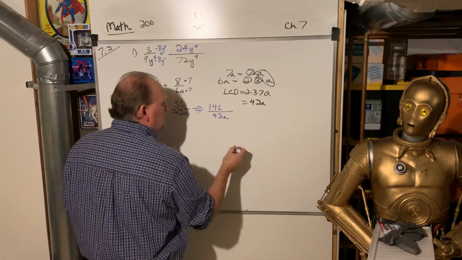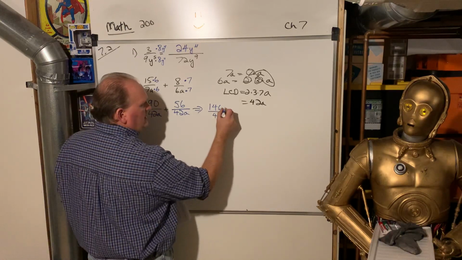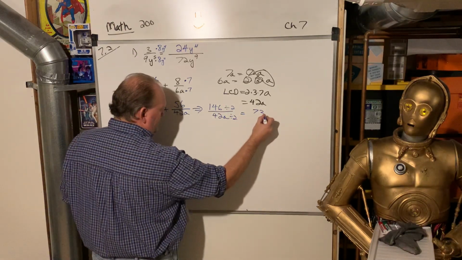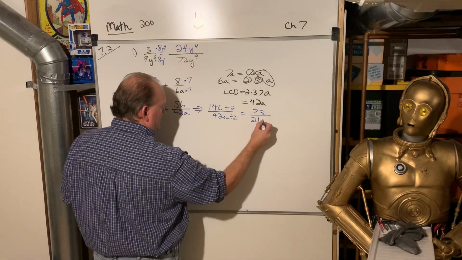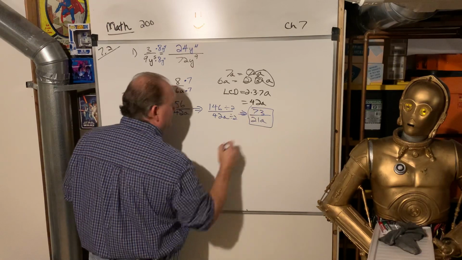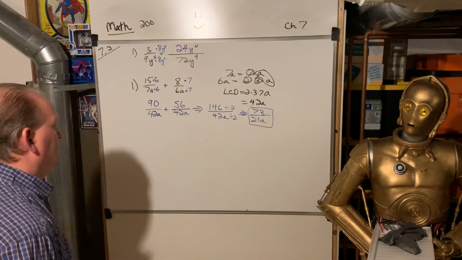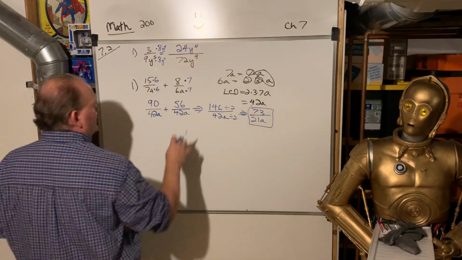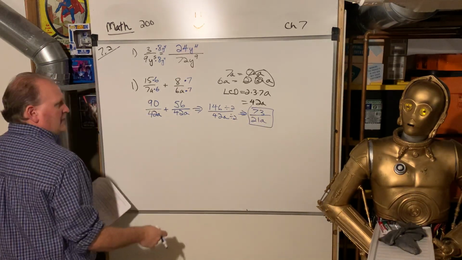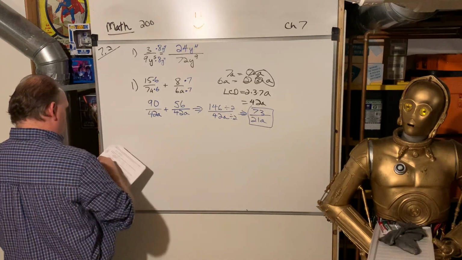And then we reduce 146 over 42a. We divide by 2. That's 73 over 21a. There we go. So you could reduce it. So we found a common denominator, we multiplied top and bottom by the same thing, and then we reduced the fraction. And that's our answer. Okay, let's look at 2.